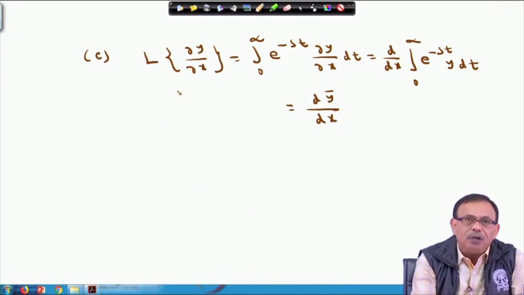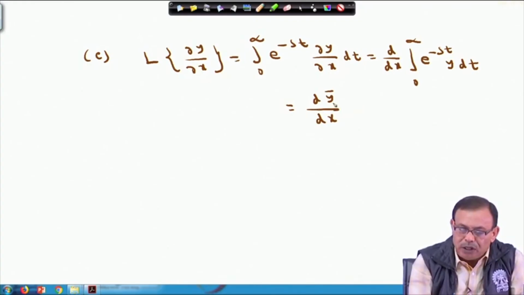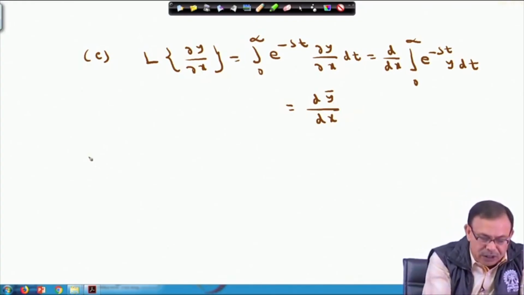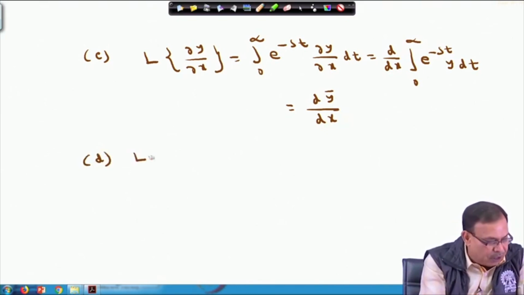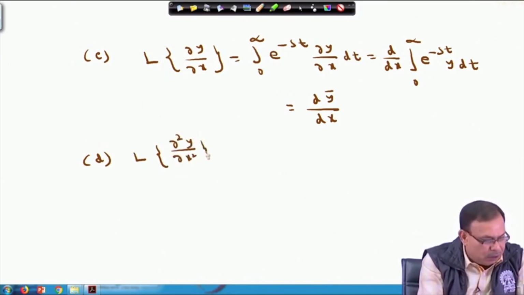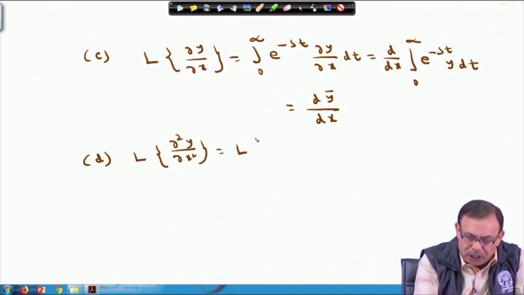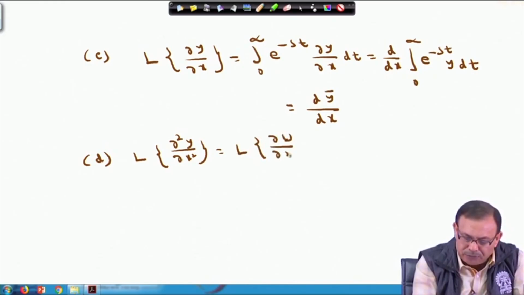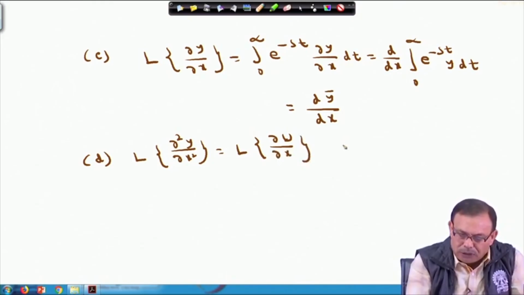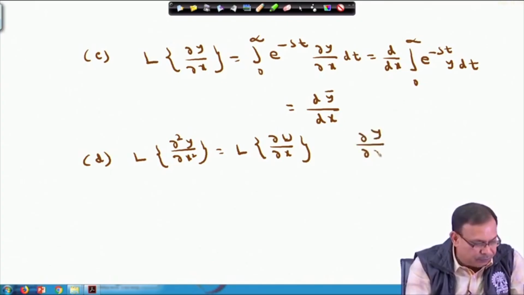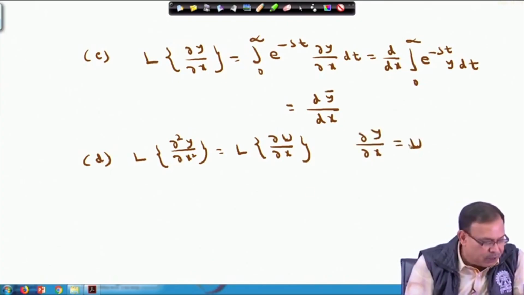Therefore, the Laplace transform of del y del x is directly d y bar dx. The last one is the Laplace transform of del 2 y del x square. Again I can write this as the Laplace transform of del U del x, where del y del x equals capital U, you can assume.